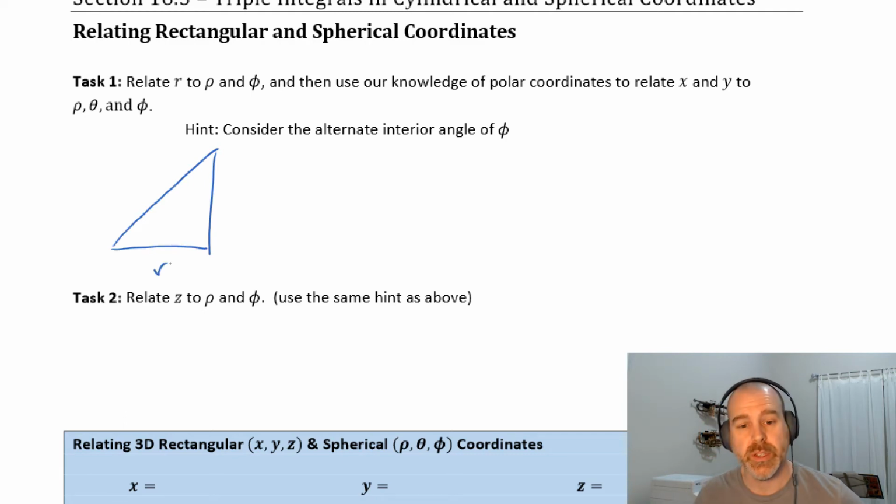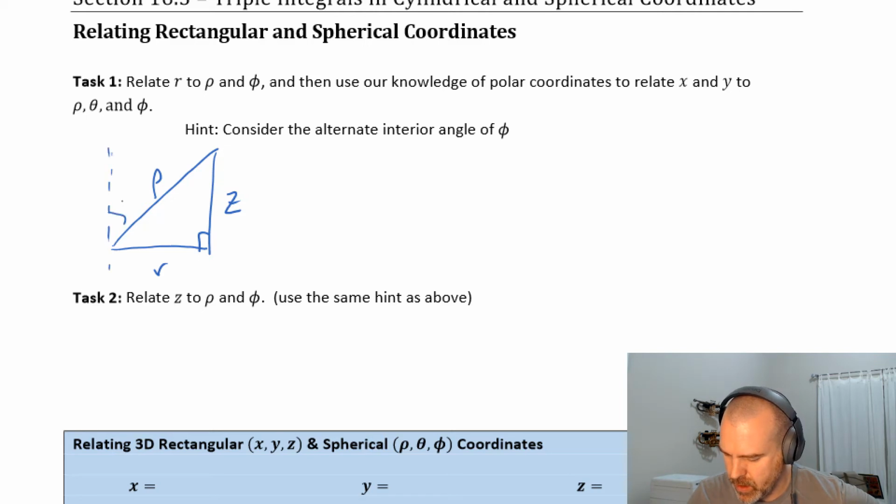It had r, what was in the xy plane, the height was z, and then this side was rho. The angle phi was here on this side, and using our geometry, we know the alternate interior angle is also phi.